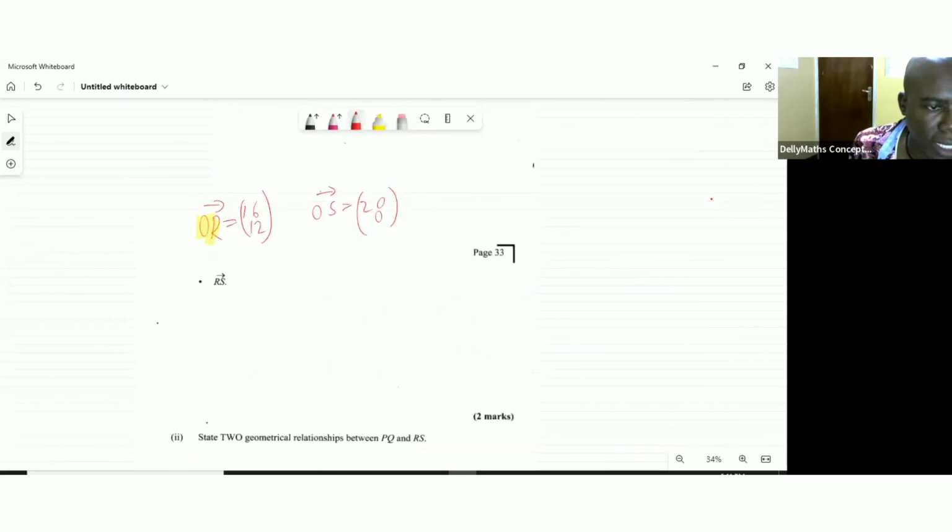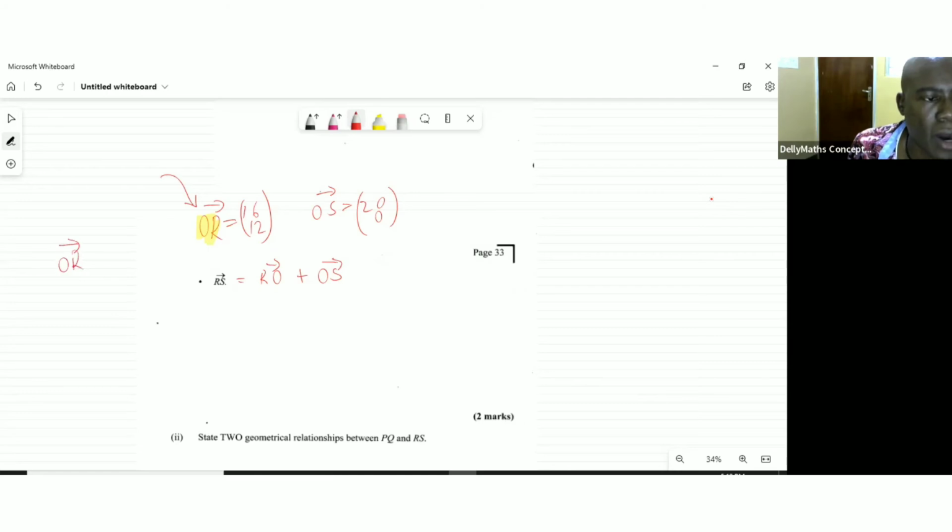RS is equal to RO plus OS. We have OR here, and we're going in the opposite direction, which means we need the inverse.